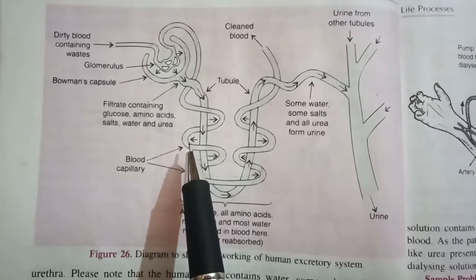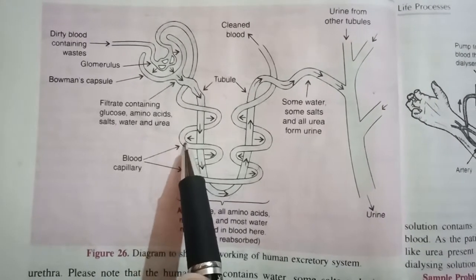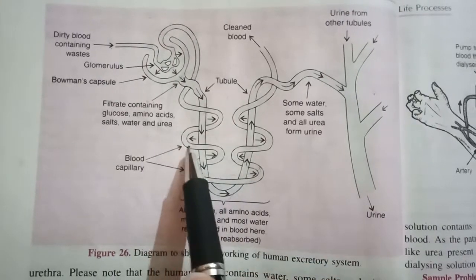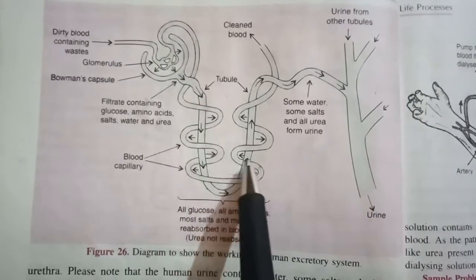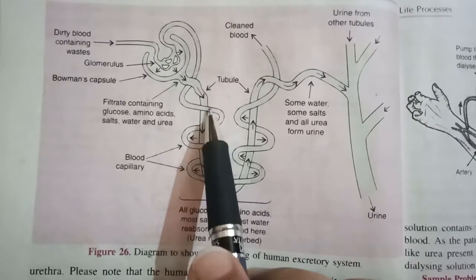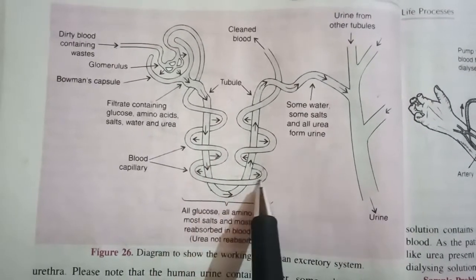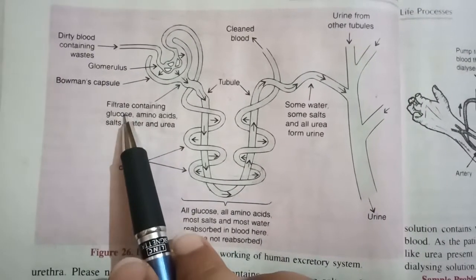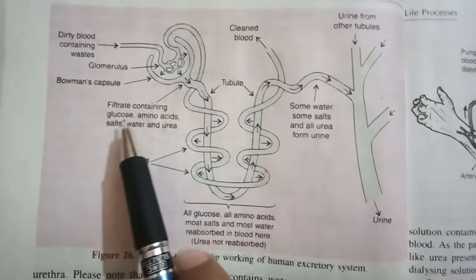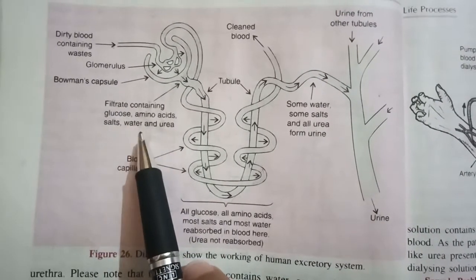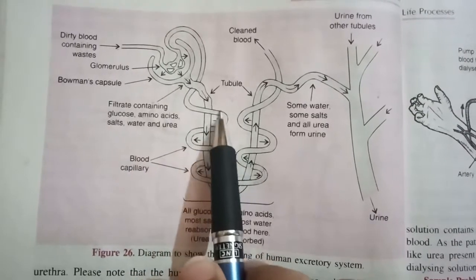Selective reabsorption means that the useful substances are absorbed by the blood capillaries. What are the useful substances? Like glucose, amino acids, some salt, some water.